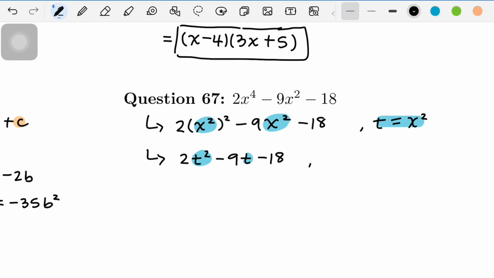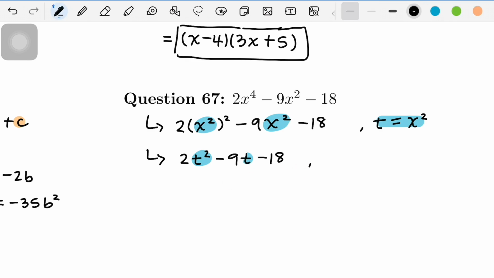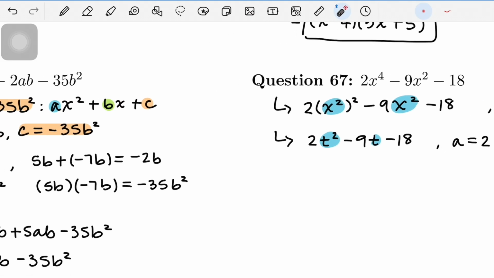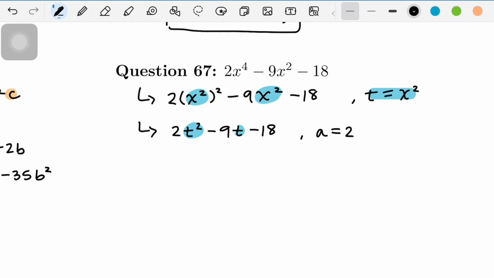Now from here, we do end up with a less complicated polynomial expression here. But notice we still have our a coefficient, or the coefficient for our squared term, is not equal to 1. So we are going to have to do one of our 2 methods that we've seen so far to factor this guy. And so for this one, we're going to continue with our factoring by grouping method.